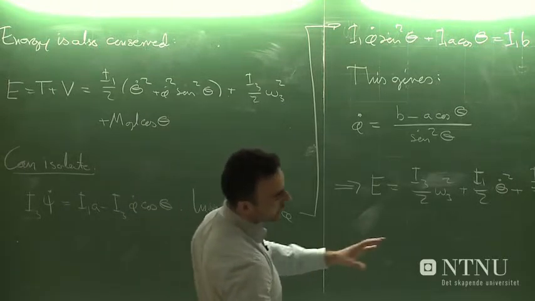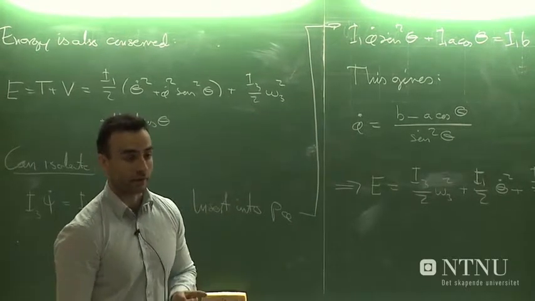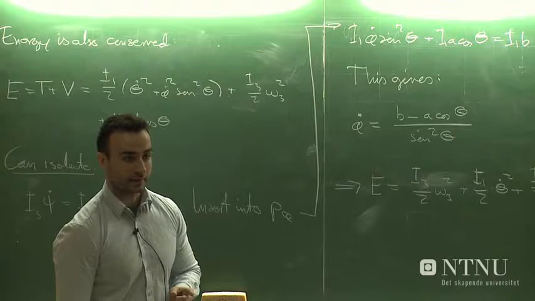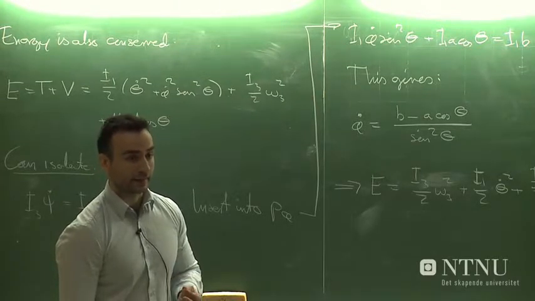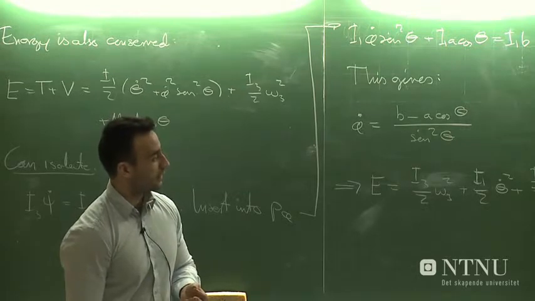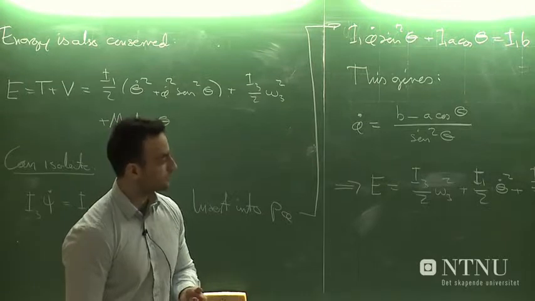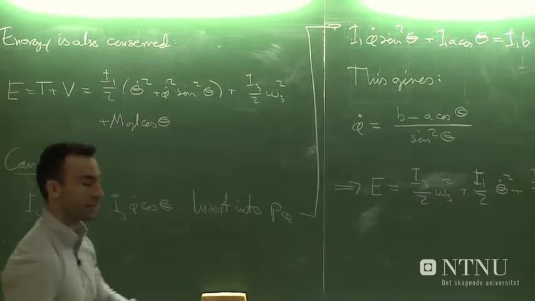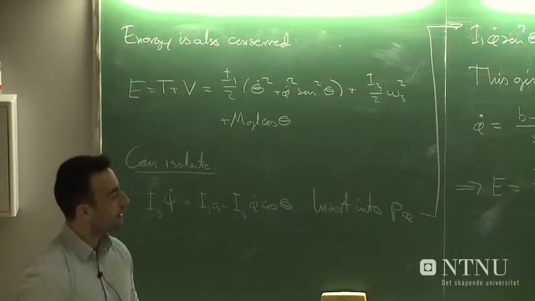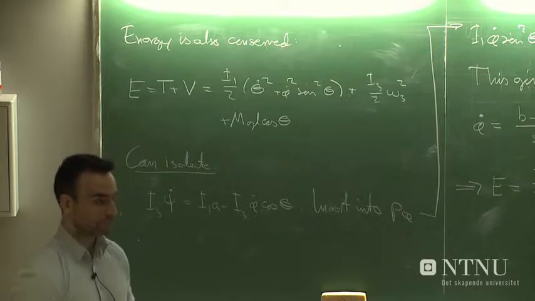So from having three coupled second-order differential equations, we now have one independent second-order differential equation. And that's really a simplification of the problem. And we were able to do so by first considering the symmetries and conservation laws in the system, and then substituting the associated canonical momenta.